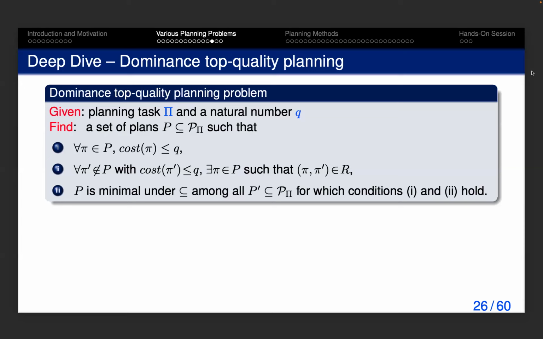So given a planning task pi and a natural number q, again, you want to find a set of plans P such that first, obviously, all the plans in P must be under the cost bound. Second, if you don't have a plan in P, that means that it's dominated by a plan that is in P, right?